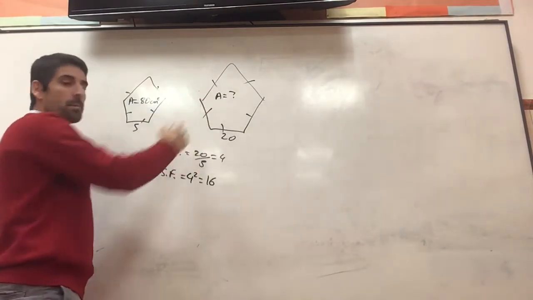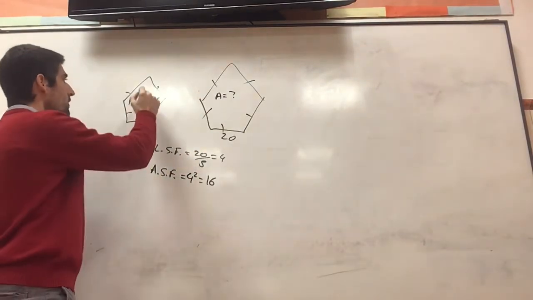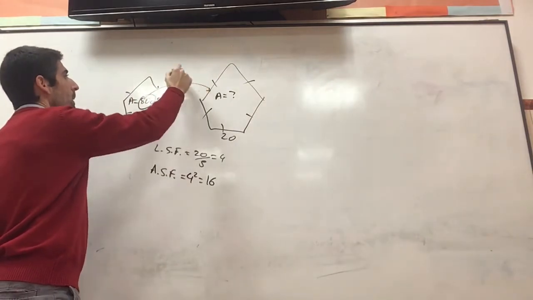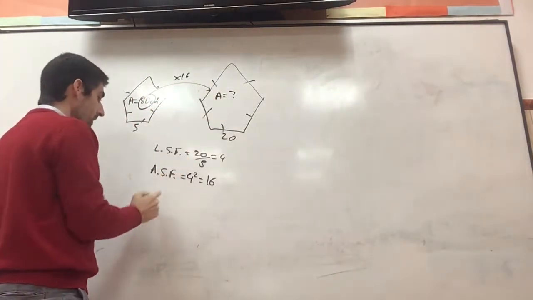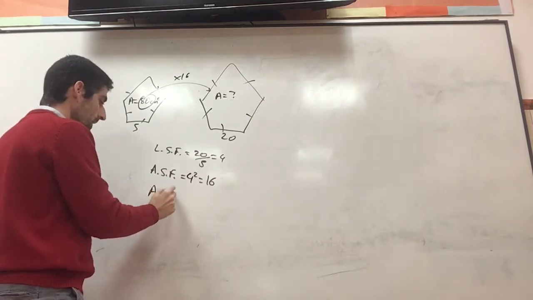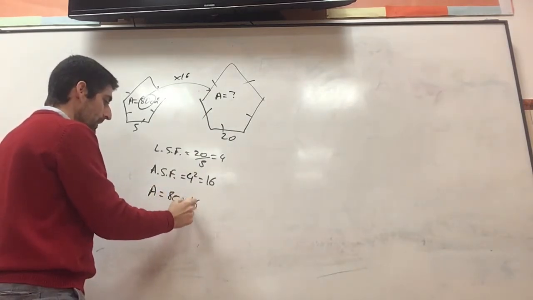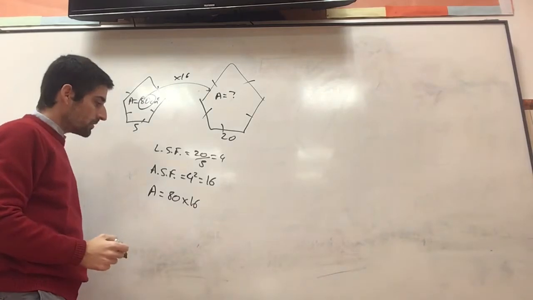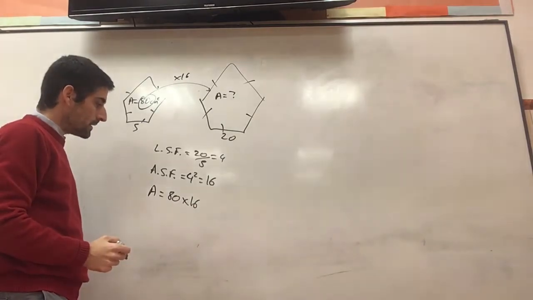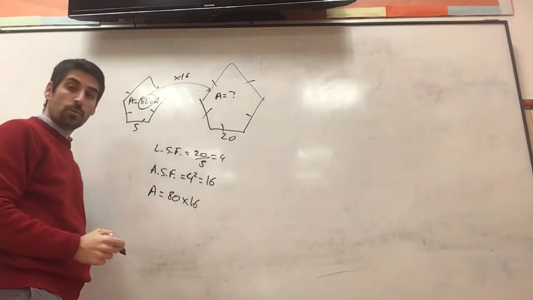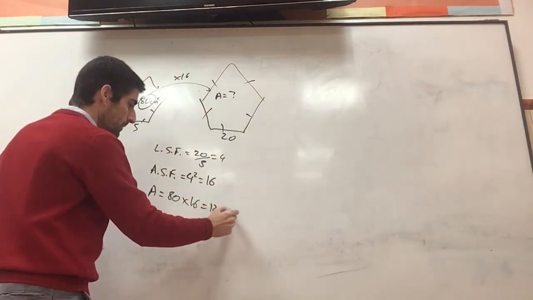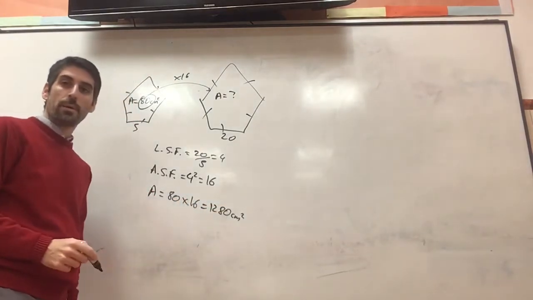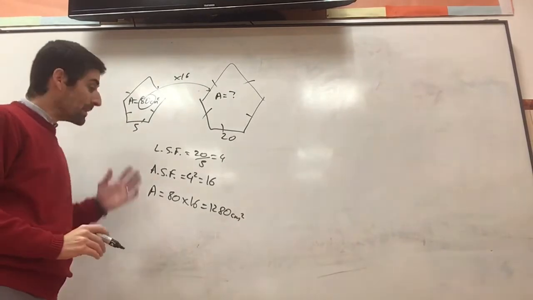So the area of the big shape is going to be 80 multiplied by 16, which is going to be 800 plus 480, 1280 centimeters squared. If my mental math is correct, please check it.